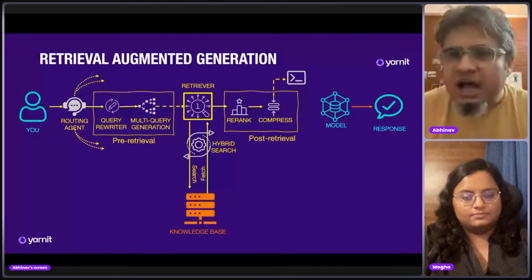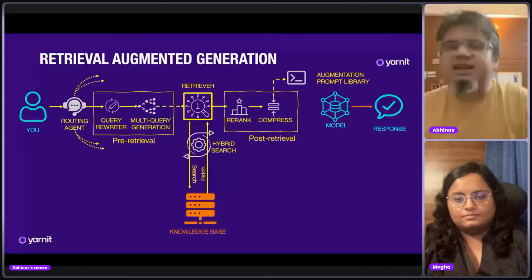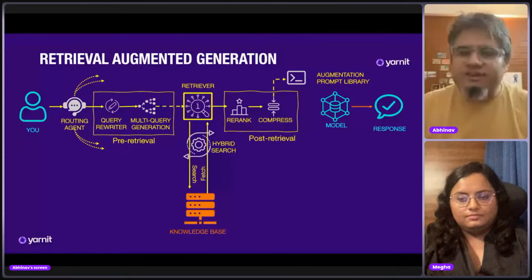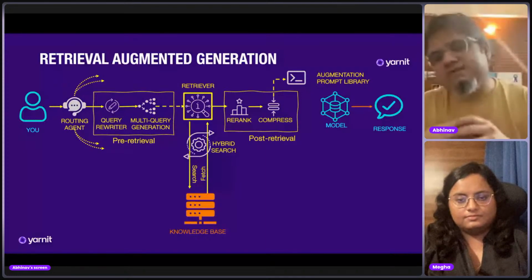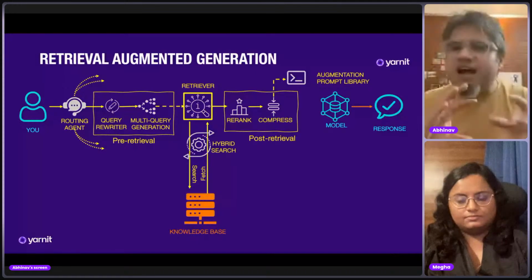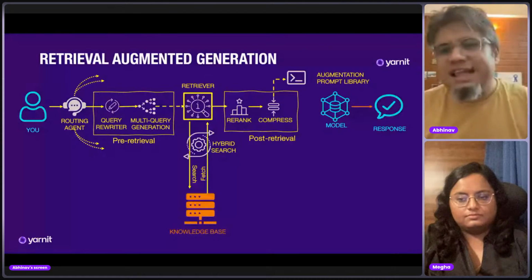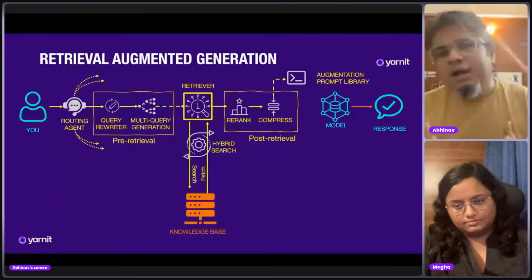So it's not as simple as saying, hey, here is the input, here is the information, generate. There are different techniques for different kinds of inputs and different kinds of information that need to be crafted in a prompt structure that helps get the best out of the model. And the model is not a single model either.